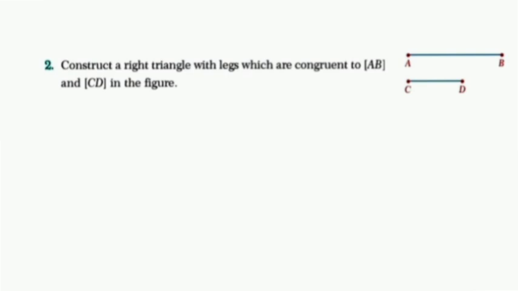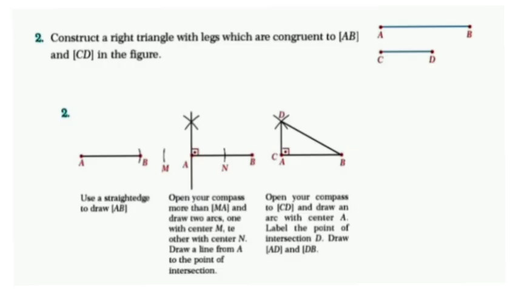Question 2. Construct a right triangle with legs which are congruent to line segment AB and line segment CD in the figure. Use a straight edge to draw line segment AB.